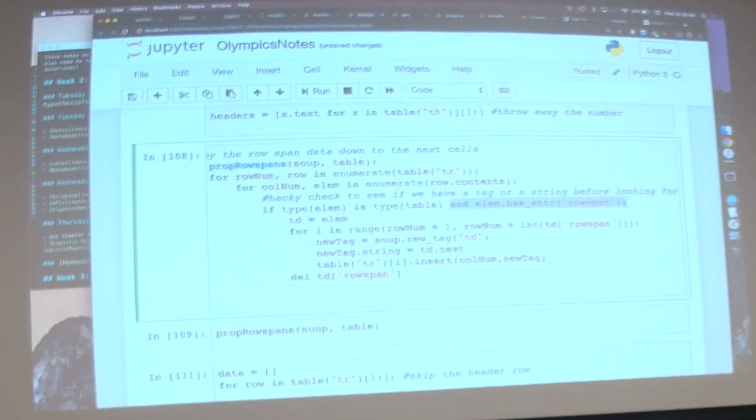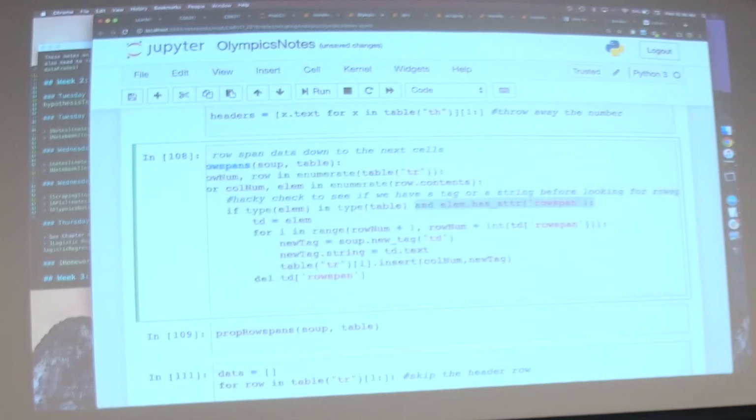If the element has a row span, then we are going to grab that row span, make a new table element, and insert that element at the end of each of the next number of rows, so that we fill that in. So that kind of makes sense.